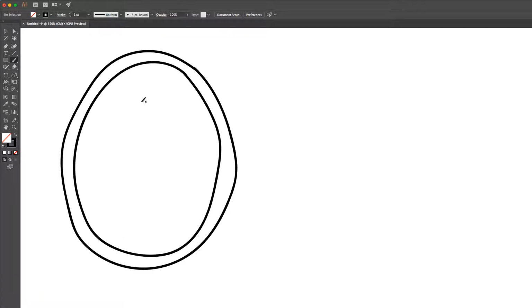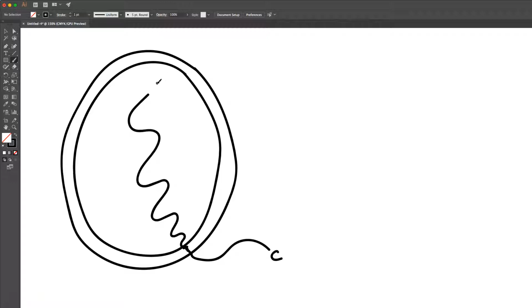So this is a vesicle, and there's a very large portion of the APP molecule that resides inside the lumen of the vesicle, and then there's a transmembrane domain, and then there's a portion that sticks out into the cytoplasm. So this is the C-terminus of the protein, and this is the N-terminus of the protein.